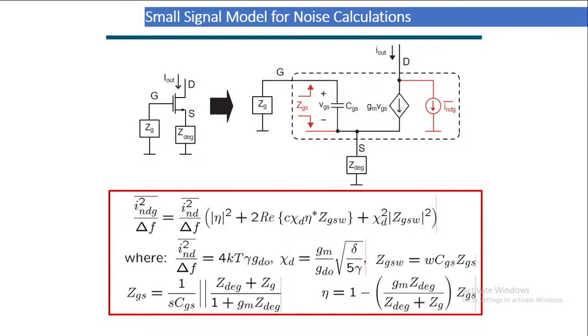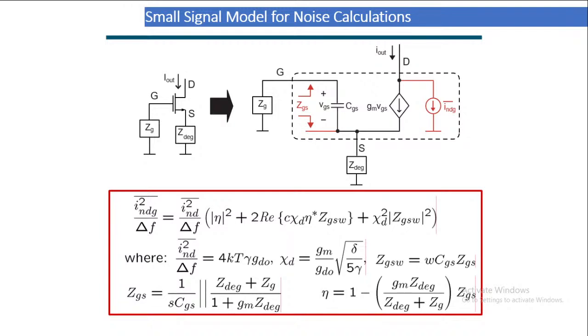Now the variance of IND by delta F is equal to 4 times KT gamma ZDO. Last time we discussed what these components and values are.